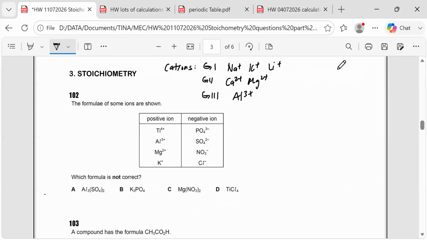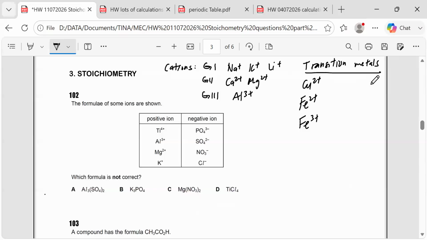And then the transition metals all have their own formulas. For example, copper 2 means it's Cu2+. Iron 2 means it's Fe2+. Iron 3 means it's Fe3+.